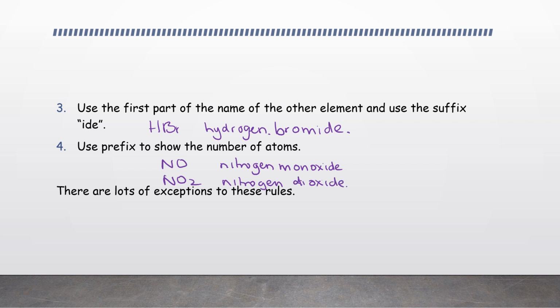Now there's lots of exceptions to this rule because these compounds were named before the systematic naming process came through. So for example, this is called water, not dihydrogen oxide.